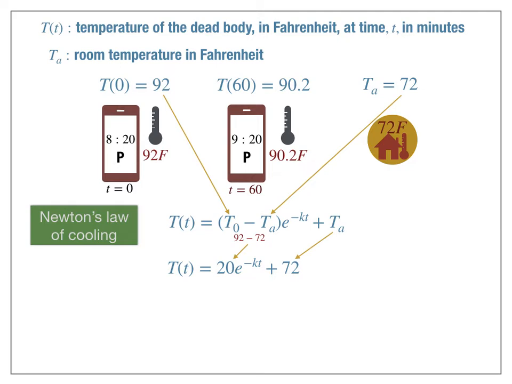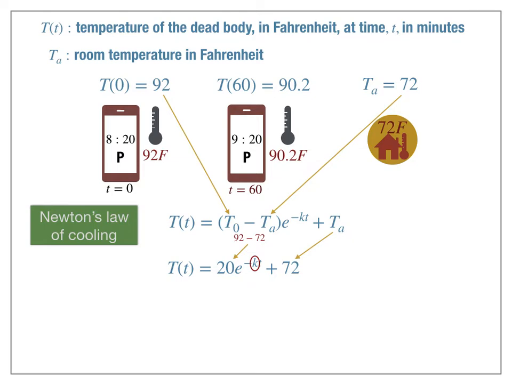As you can see, we have an unknown constant k in this function, and the reason it's unknown is that for these types of problems, the constant k would be different for different types of bodies. So for different people, the temperature of the dead body would have a different constant k.